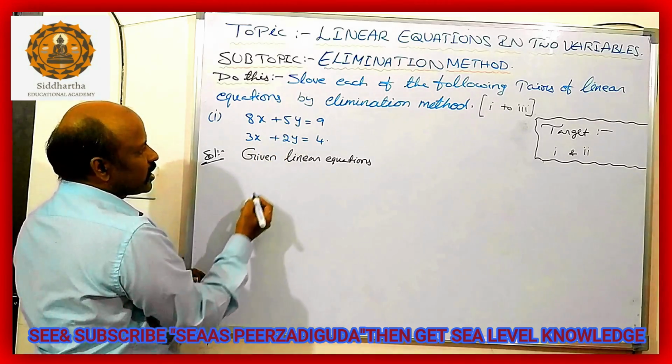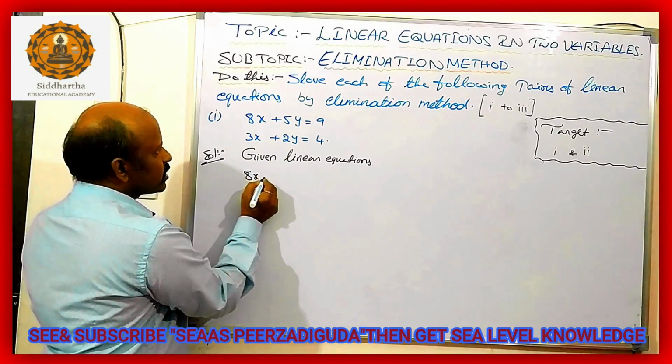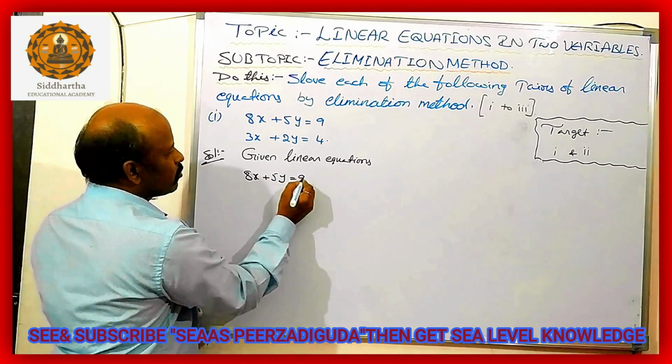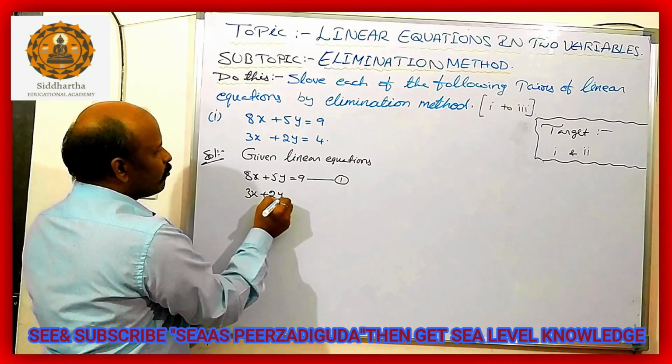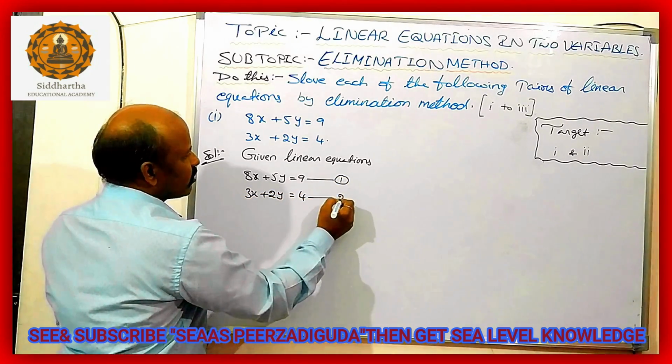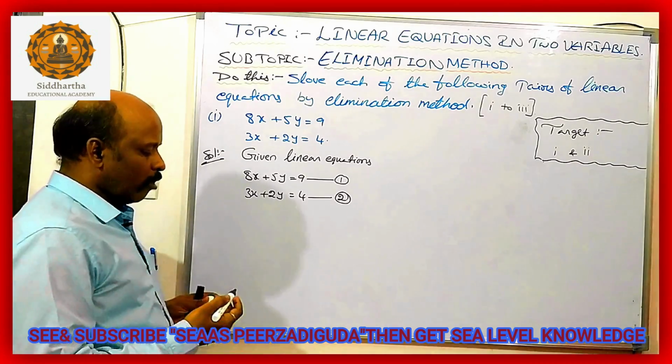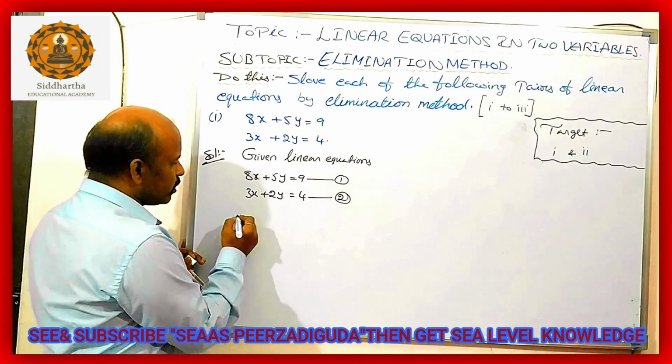Given linear equations. What are the given linear equations? 8x plus 5y is equal to 9, equation number 1 I am going to write. 3x plus 2y is equal to 4, that is equation number 2. So after writing this, what I am going to do here?